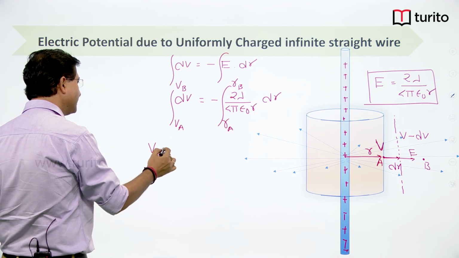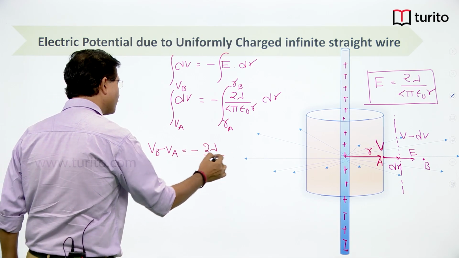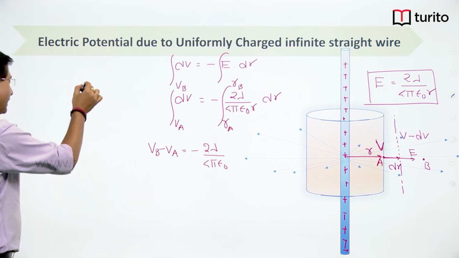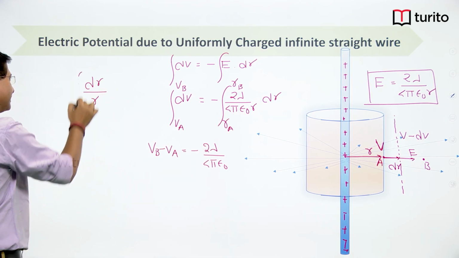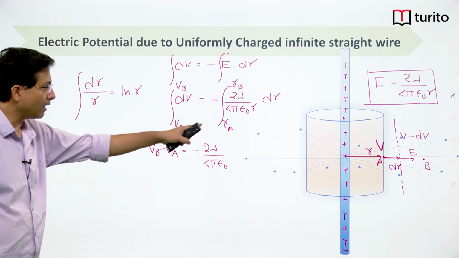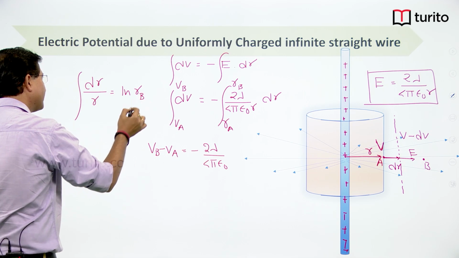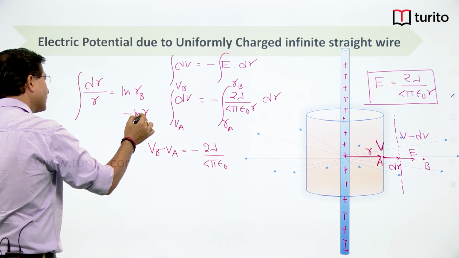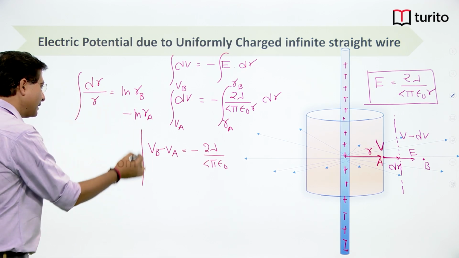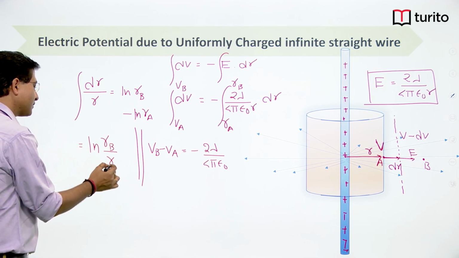So Vb minus Va will be equal to minus 2 lambda upon 4 pi epsilon naught. The integration of dr by r will give you natural log with limits Ra to Rb. So upper limit minus lower limit, you will get ln Rb minus ln Ra, which is ln of Rb by Ra.